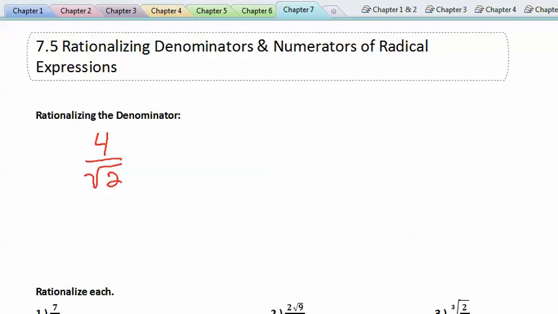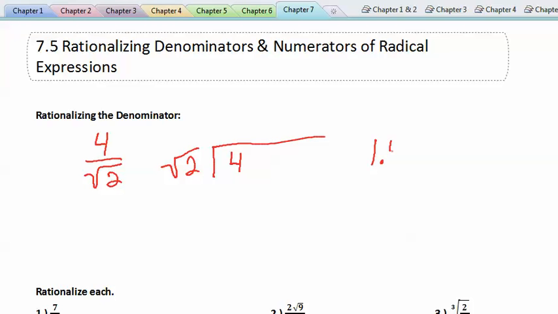If we were to try to set this up as a long division problem, you see that we have a radical in the denominator. So you would set this up as long division, the numerator would go underneath, and we would put the square root of 2 on the outside. Well, the square root of 2 is an irrational number, which means it goes on forever, which is about 1.4114.